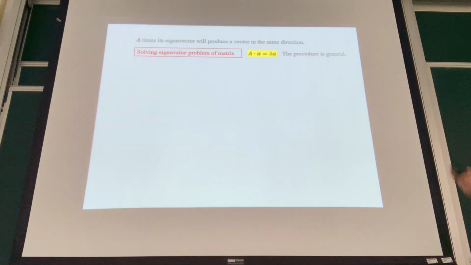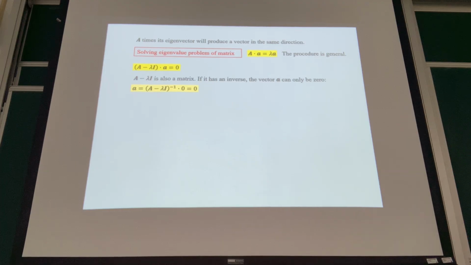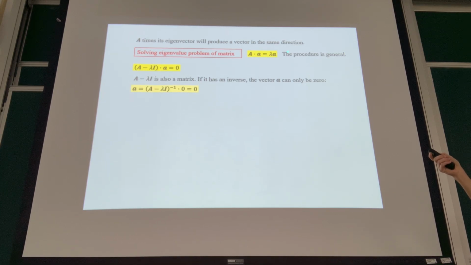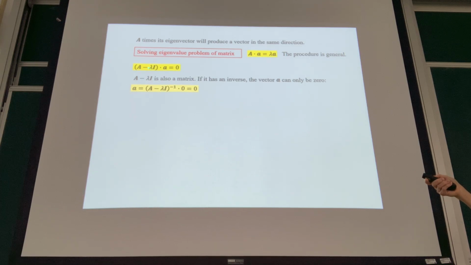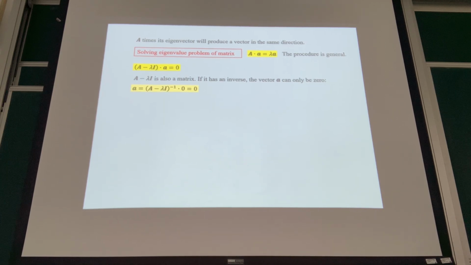Eigenvalue problem. And the procedure, you have already seen at least three times, so I do not repeat every step, but the procedure is general. The key step is to pull the right-hand side to the left-hand side and simplify it into A minus lambda I, where I is the identity matrix, as people asked already.